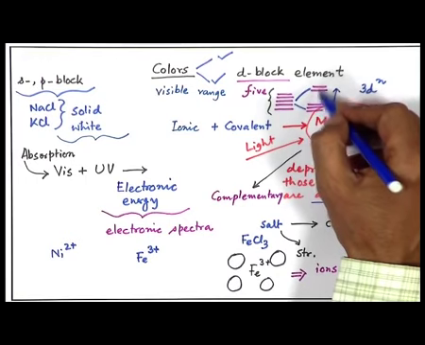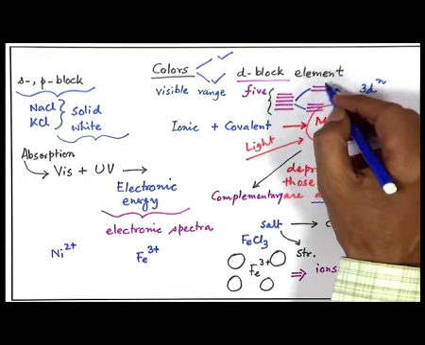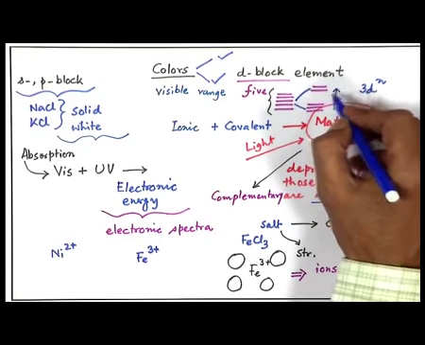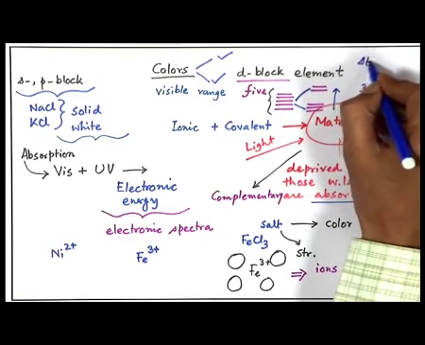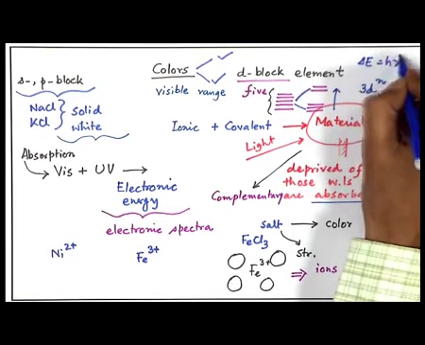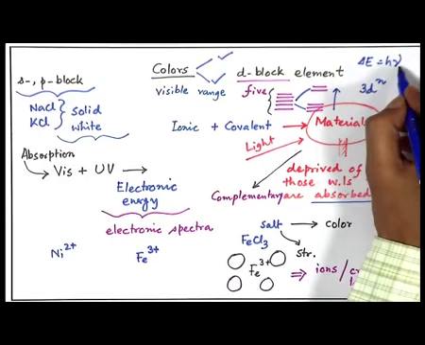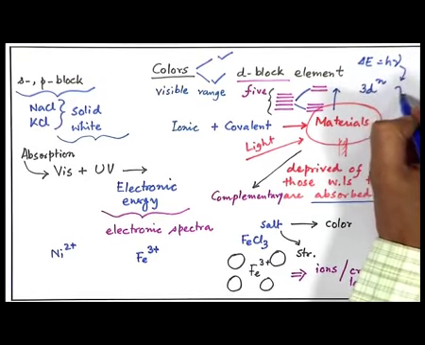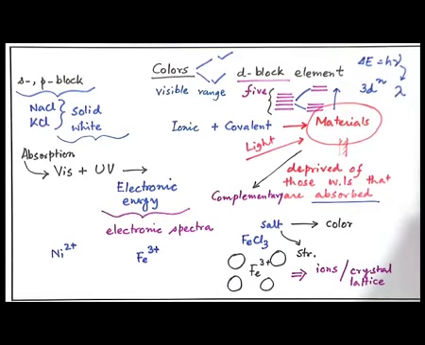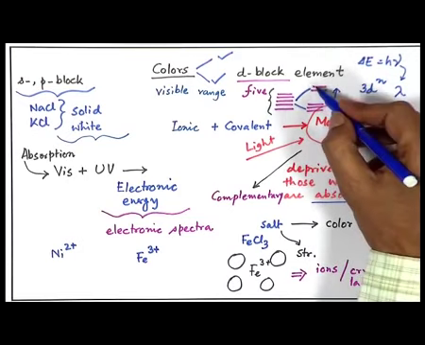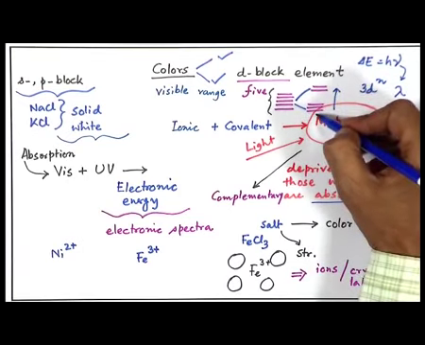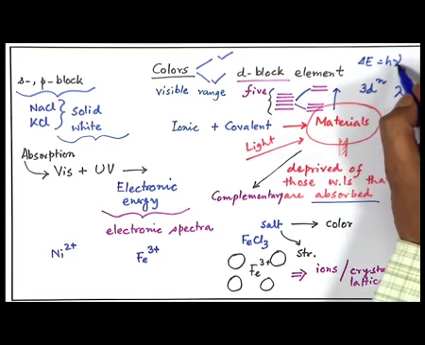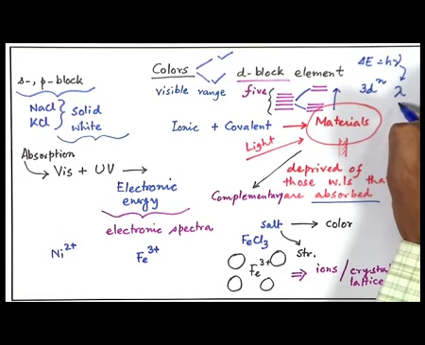So, the energetic transition can take place, which is equivalent to, we all know, delta E, the separation, which is equal to h nu. How to correlate this nu? We all know the nu can be correlated with our lambda. So, depending upon the energy separation between these two levels, we get the corresponding nu value, the frequency for this transition, as well as the lambda value for it.